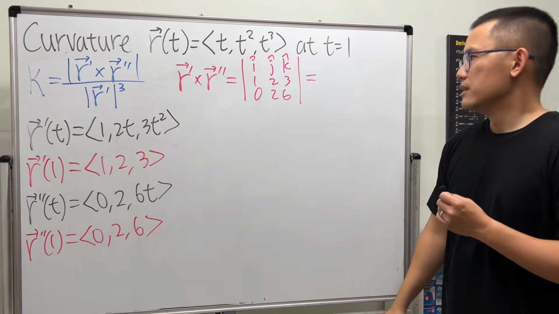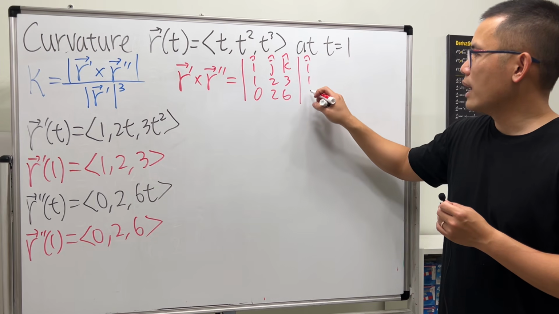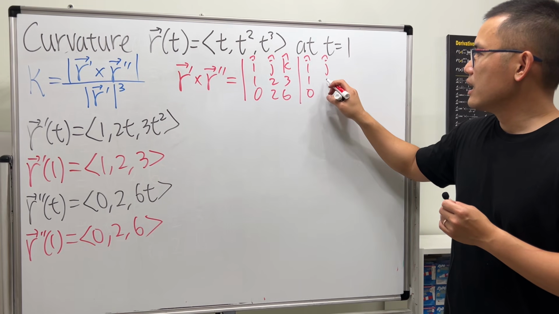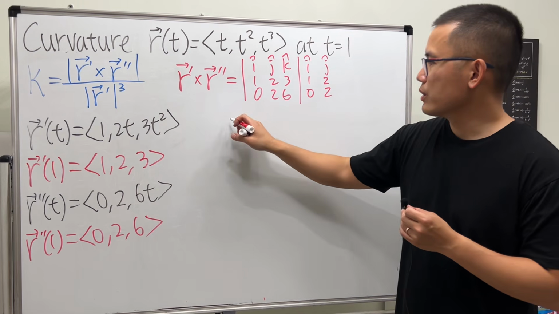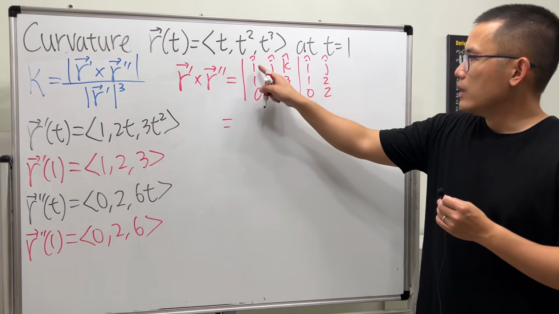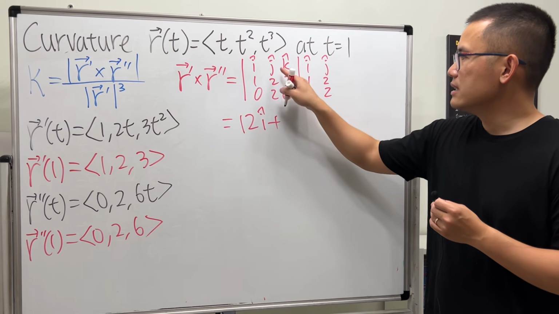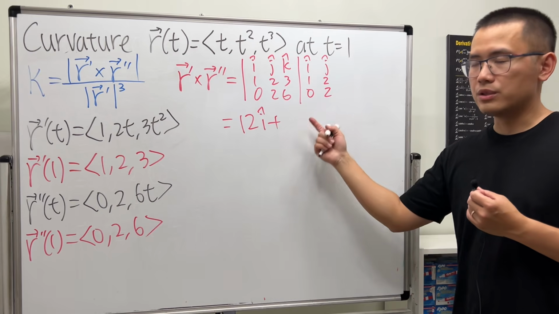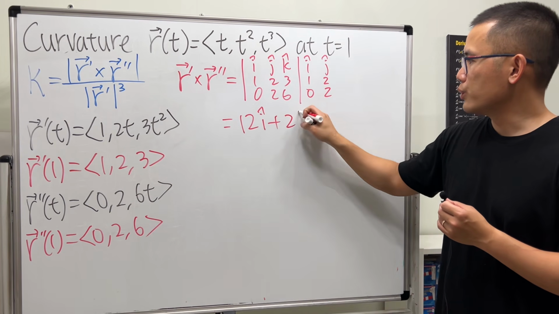Perhaps we will do the shortcut. All right, the shortcut works like this. I will do this times this times this, which is 12i, and then we add this times that, but that will be 0. Next, we do this times this times this, so that will be 2k.